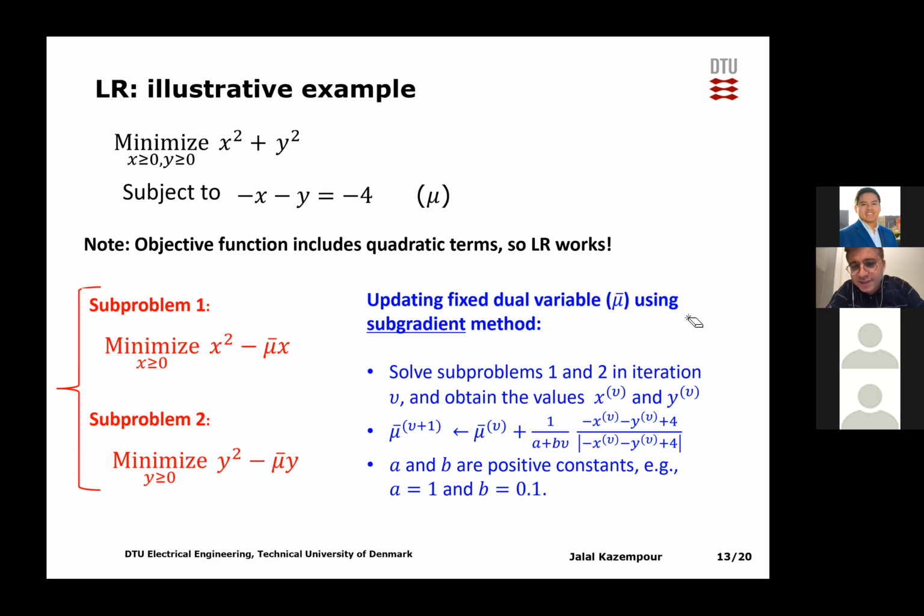Any idea? You can write in the chat box. One idea is that the change in the value of the objective function is smaller than some value eta. Yeah, but maybe we have something. Jan says when the duals don't change anymore. That's a good one. I go for that.